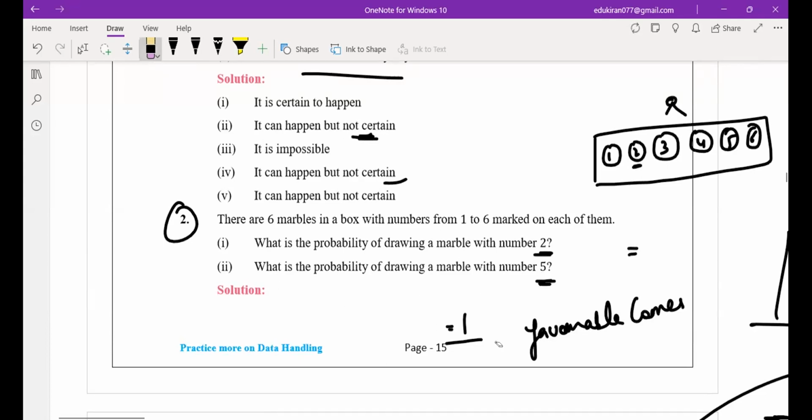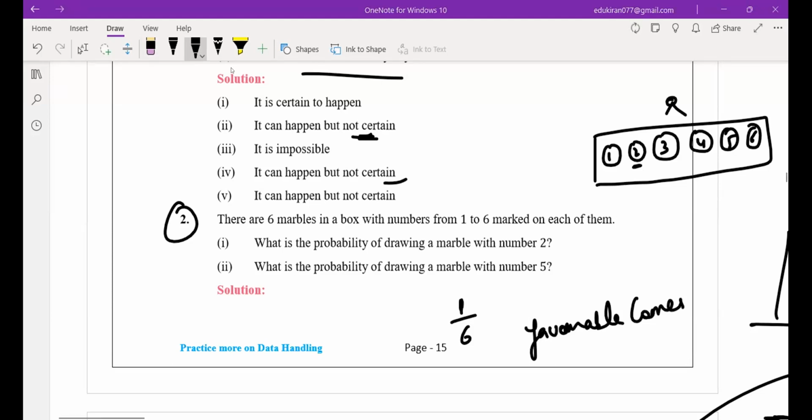Tell me. Guys, how many total are there? 6, ma'am. So how did you say 1 upon 5? Because there's only one of them out of the total. What is your formula? 1 is fine, but why didn't you write 6? Why did you write 5? Oh, sorry, ma'am. I got distracted and I said 5. It was 6. Yes, because it will be 6.